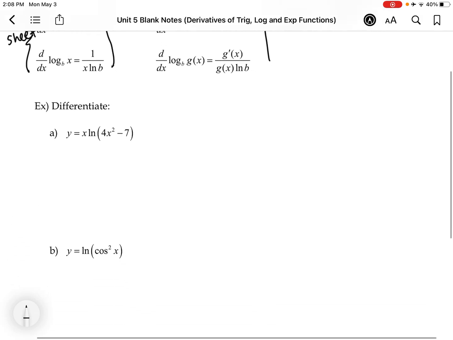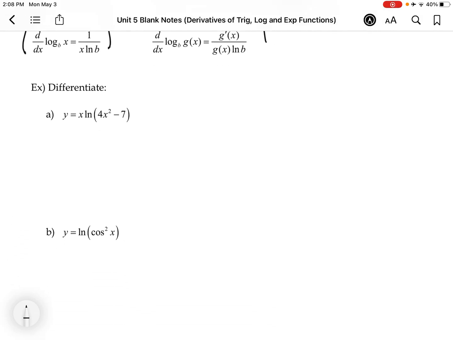Now, this first function, y equals x times ln of 4x squared minus 7. We're going to have a chain rule in here because we've got the ln of 4x squared minus 7, but then we also have a product rule because we're multiplying that by x. So our u equals x, which means u prime is 1.